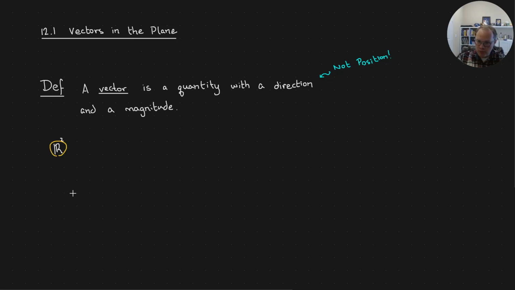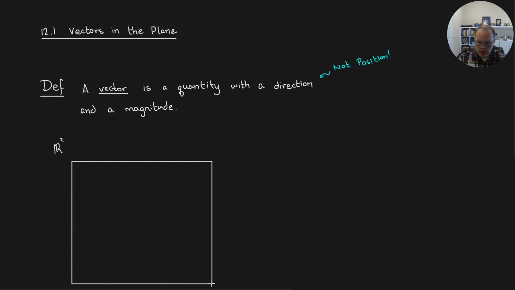This blackboard bold R stands for the real numbers. If I leave the 2 off, that's 1 dimension. But with the 2, it's 2 dimensions. And 2 dimensions we can illustrate with a plane. So let's imagine we're working in this plane.